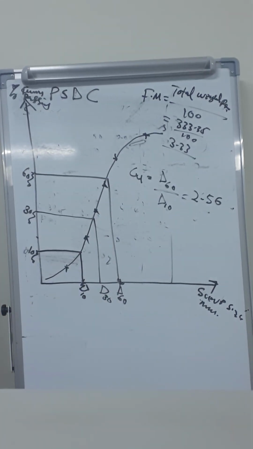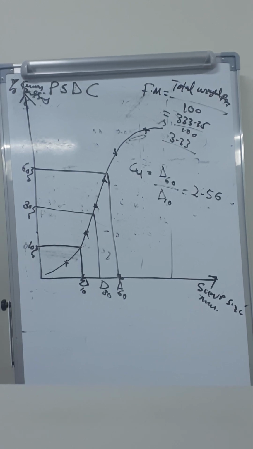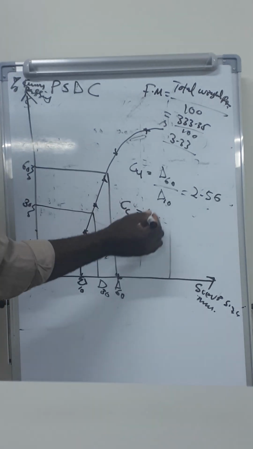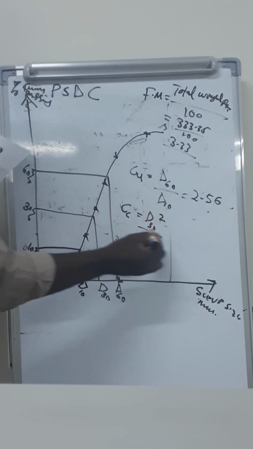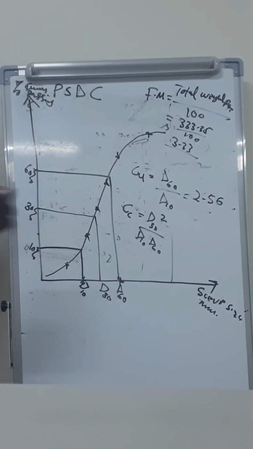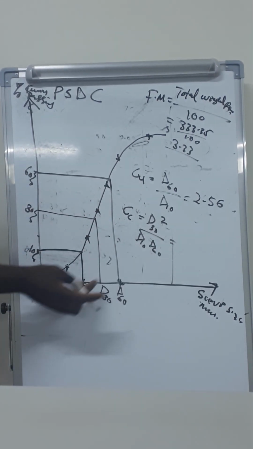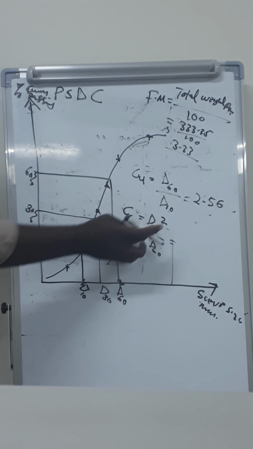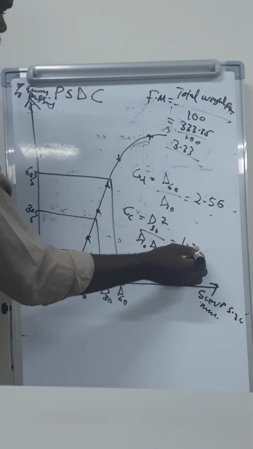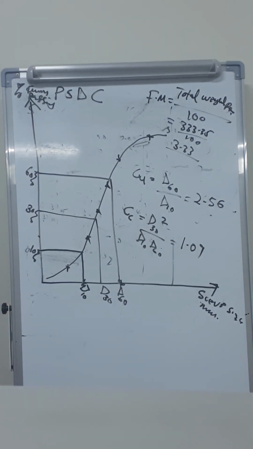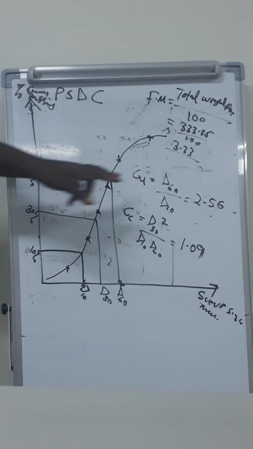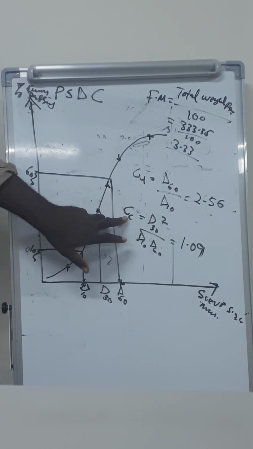The next parameter is the coefficient of curvature, Cc, given as D30 squared over D10 times D60. When you input these values, we get about 1.09. So now we know the coefficients of uniformity and curvature.